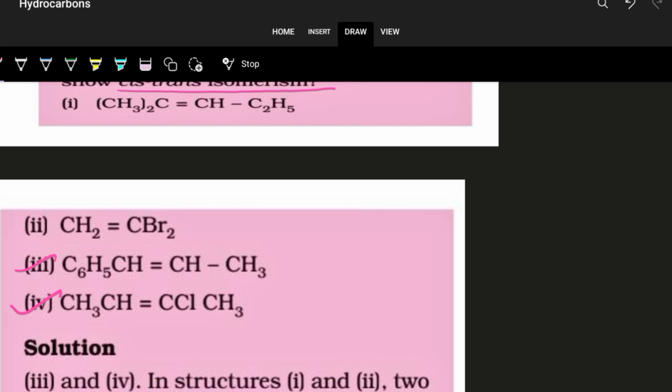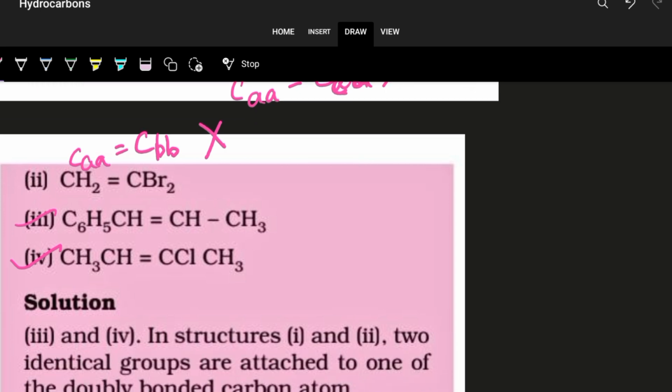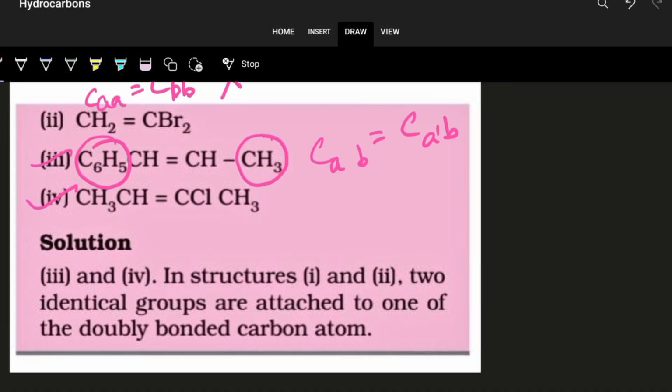Why? Because here it is CAA double bond CBB type, so it's not possible. Here again it is CAA double bond CAB type, or I can say CD, not AB, CD type, so it's not possible. But here it is CAB double bond CAB type. That means this is an alkyl group, this is also an alkyl group, so it is similar though not the same.